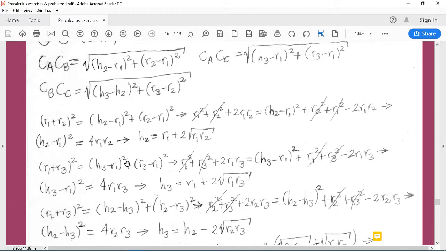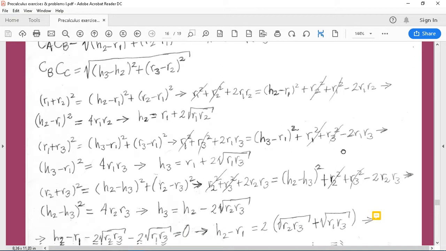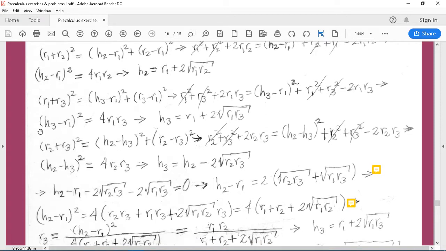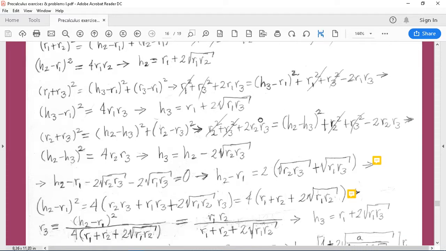Expanding as we did here, we have that R1 squared plus R3 squared plus 2R1R3 equals the square of H3 minus R1 plus R1 squared plus R3 squared minus 2R1R3. Therefore the square of H3 minus R1 equals 4R1R3, and H3 equals R1 plus 2 times the square root of R1R3.